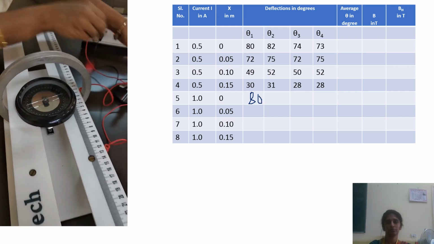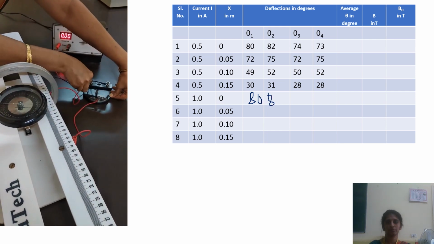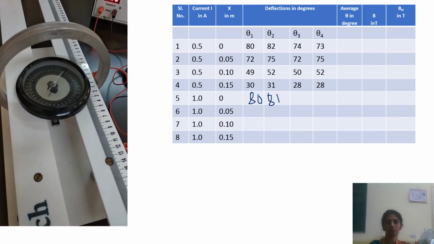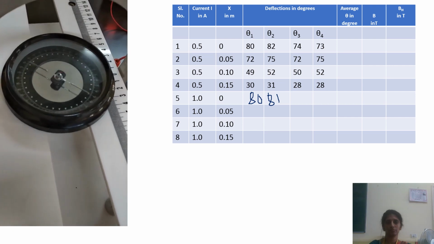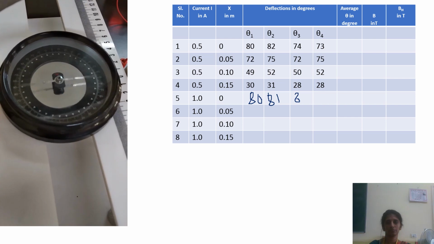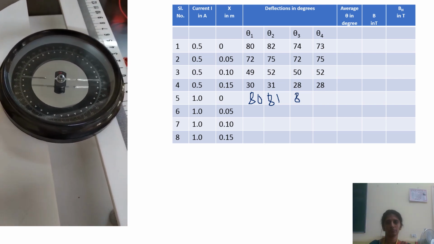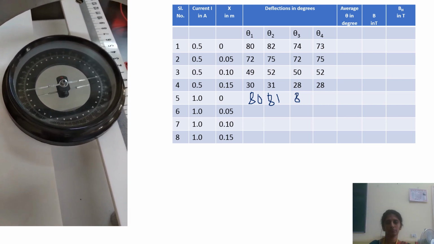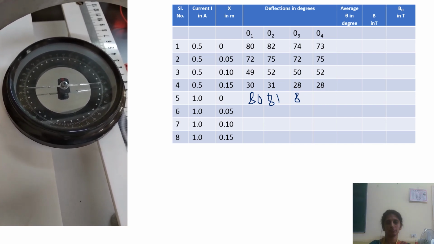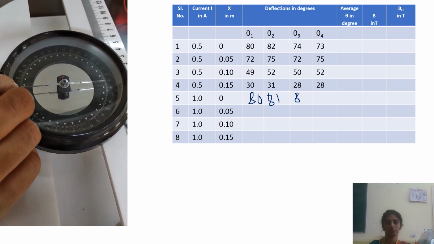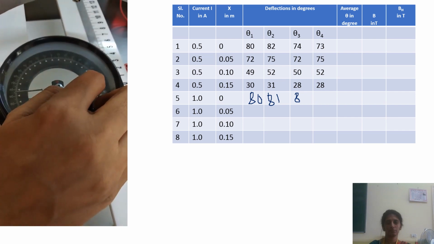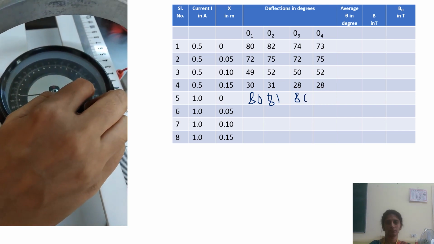And let us reverse the direction of current. The deflections are 86 and 88.